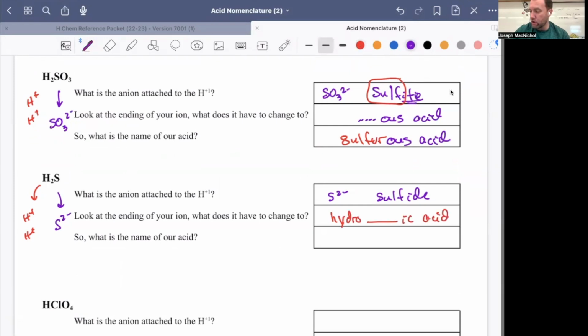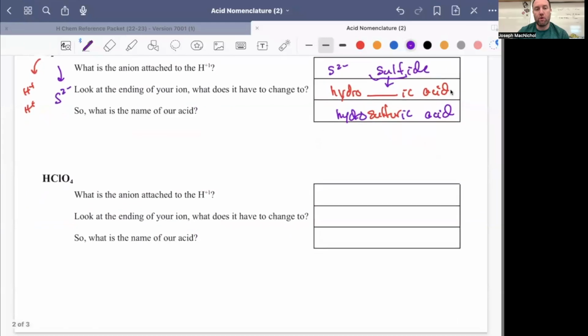And what are we talking about? We're talking about sulfur again, that's what goes in there. So there's going to be hydrosulfuric acid. Hydrosulfuric acid.